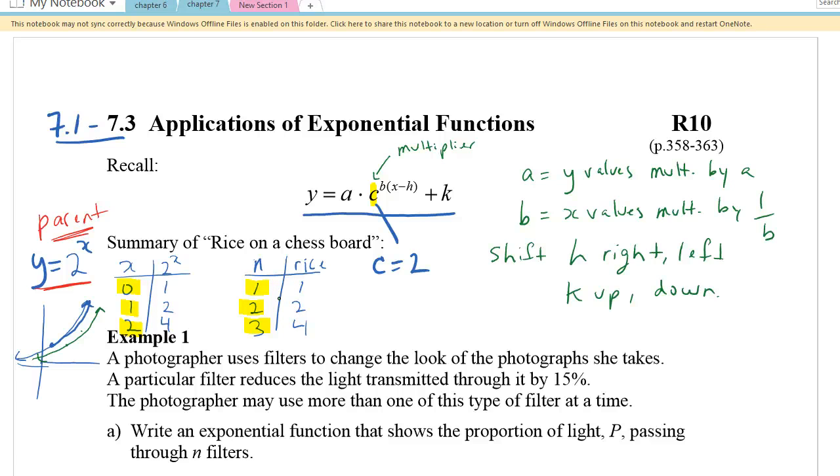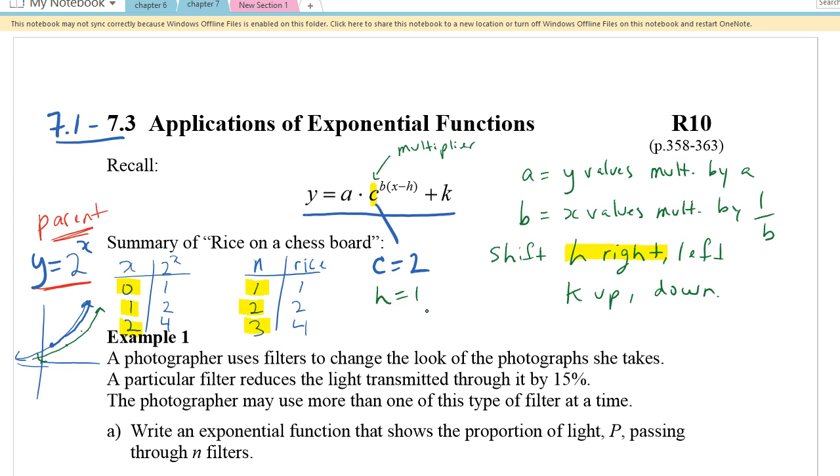I did model this over in Desmos, but before we do that, how do you shift something to the right one? How did we make our x values 1 larger? Well, that's our h value here, isn't it? If we want our function to move 1 to the right, we want h equal to 1.